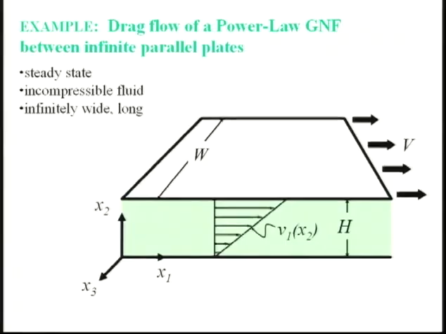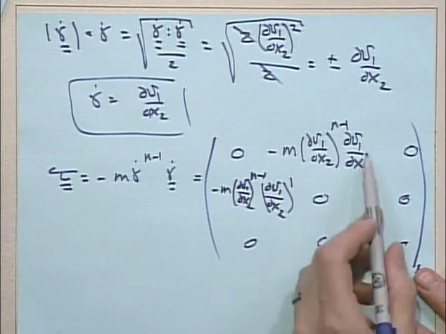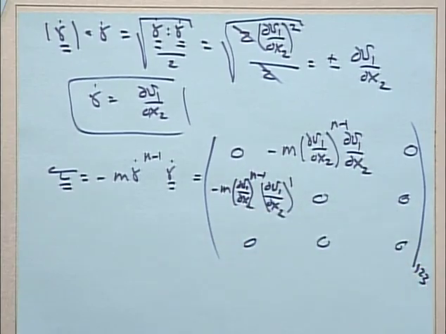And if we want the stress, we have to go back to here, and we can get the stress at any point from the stress tensor. So there's definitely a pattern to these problems, and I think you've seen it. And I hope you'll have no trouble with the homework as a result of that.